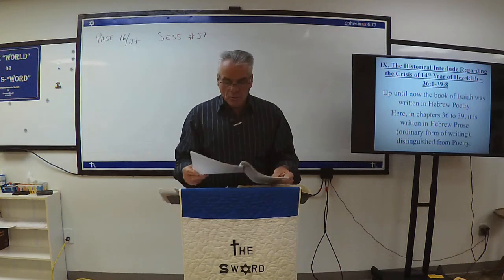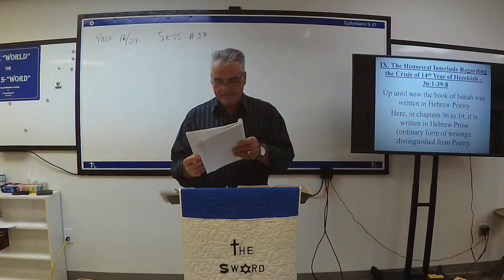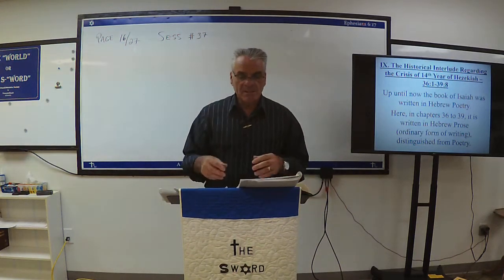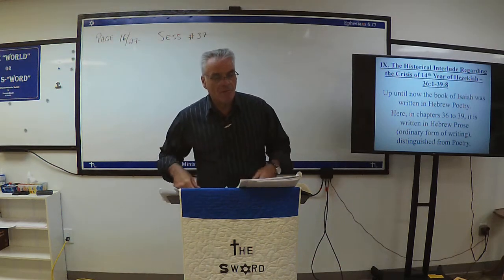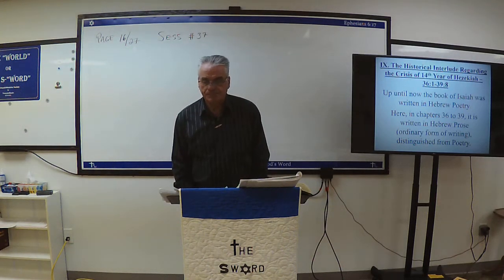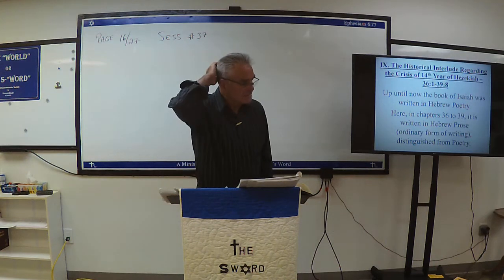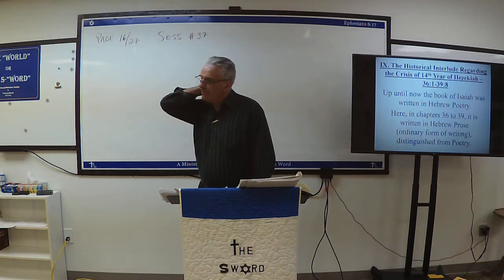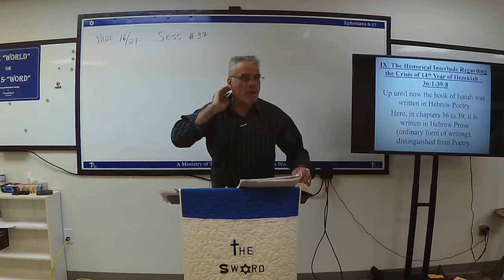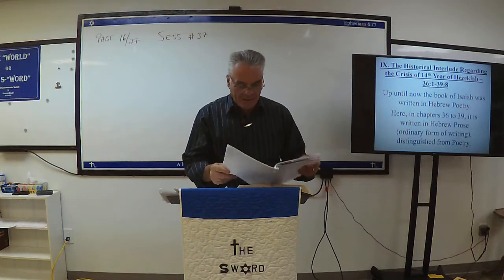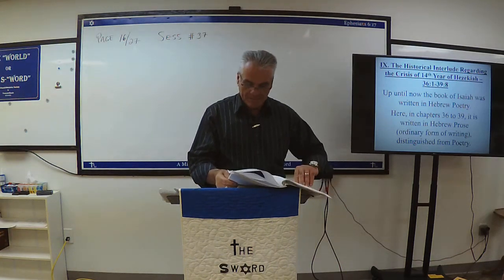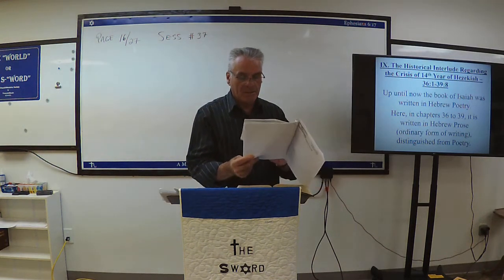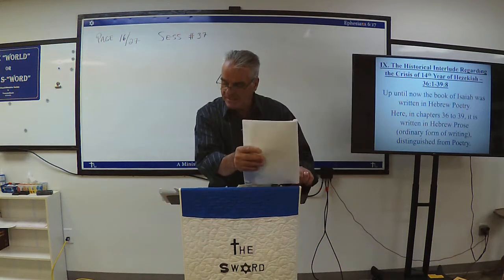Right now we go back to your page 17. The historical interlude regarding the crisis of the 14th year of Hezekiah. Make notes of it. In chapters 28 to 35, I mean back on your page 13, what I just showed you, we have seen the book of woes and the crisis of the 14th year of Hezekiah.